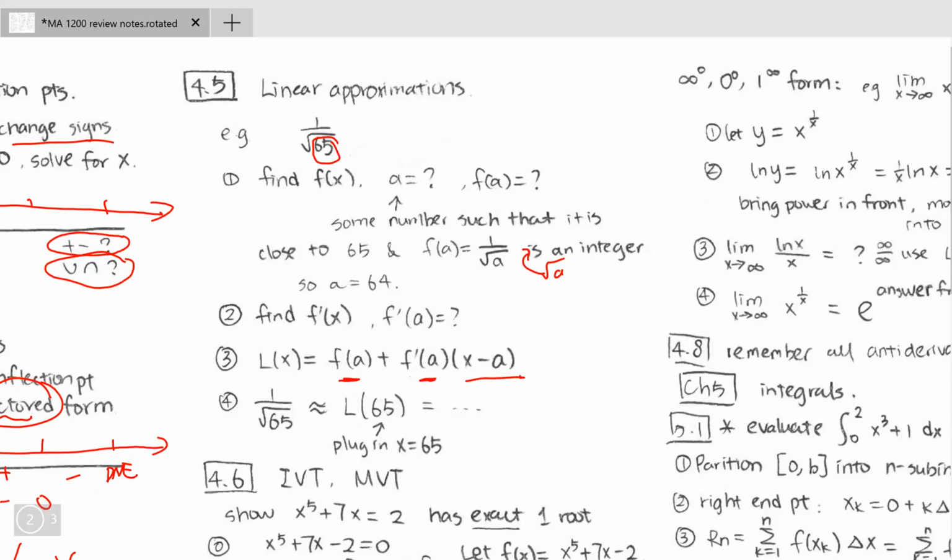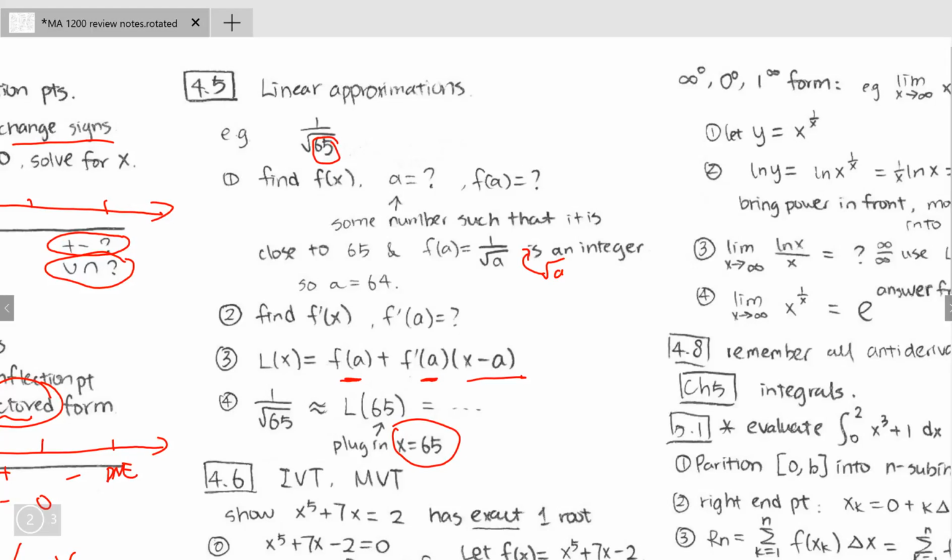And the last step, well, our function f(65) is approximately equal to, you plug in x is 65. So don't plug in x as the whole thing. That's not x. Usually x should be just an integer, okay, or a number, okay? Because if you know how to calculate 1 over square root of 64, you don't need linear approximation, right? If you know it, you don't need a linear approximation. You can just calculate it, okay?